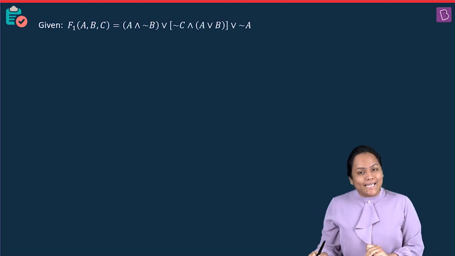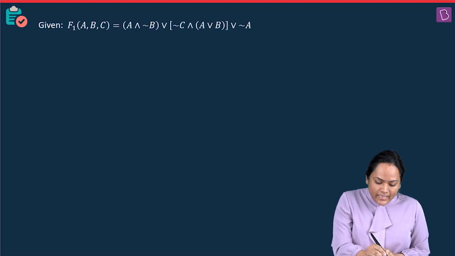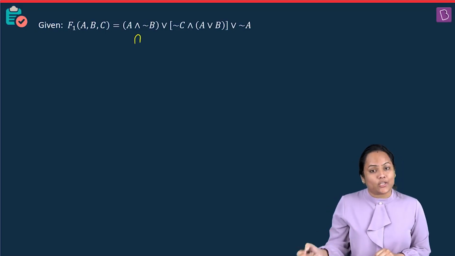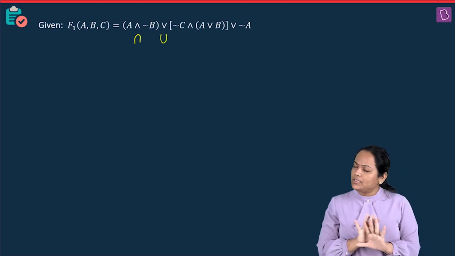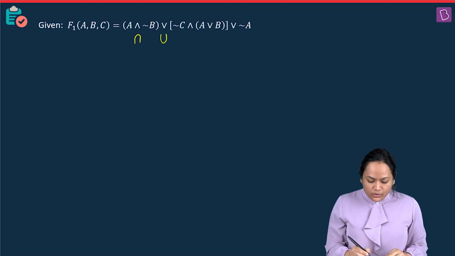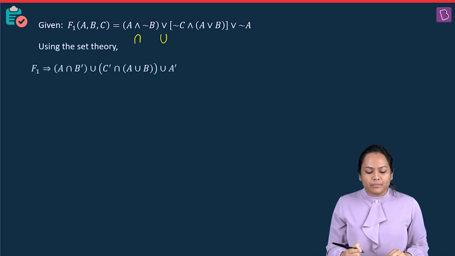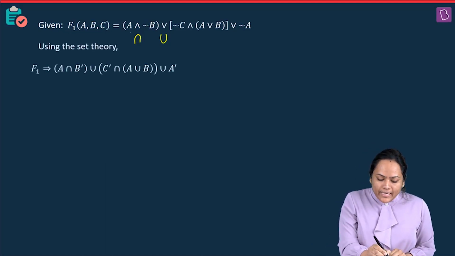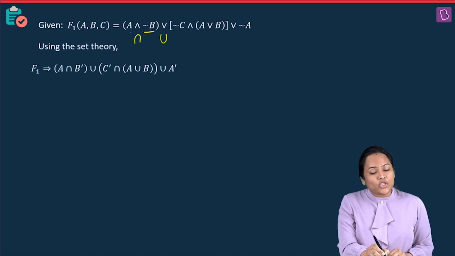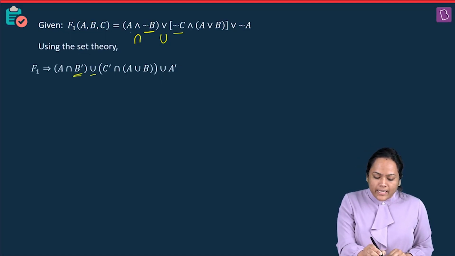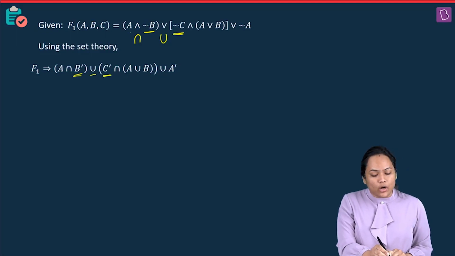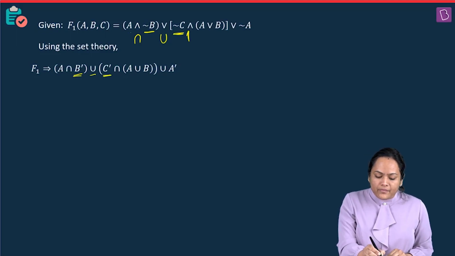In set theory, 'and' is taken as intersection and 'or' is taken as union. Simple as that, first of all. So using set theory, I can say that my F1 will become A and this negation of B becomes B complement. Then I have union, then negation of C is nothing but C complement. Then I have 'and', which will become intersection.